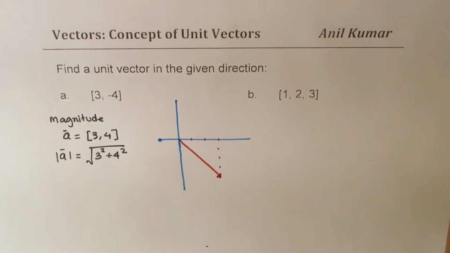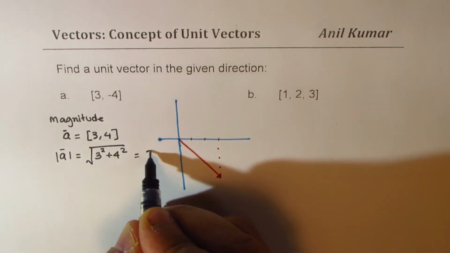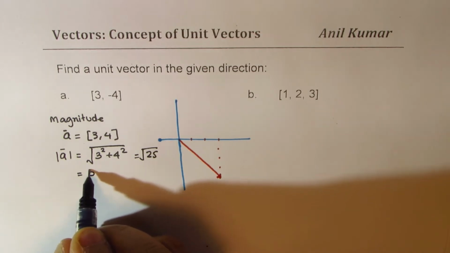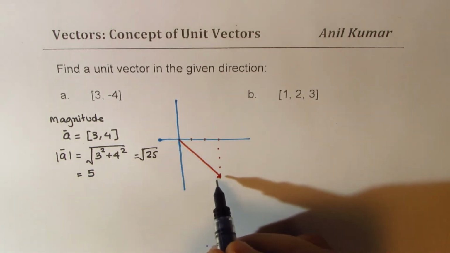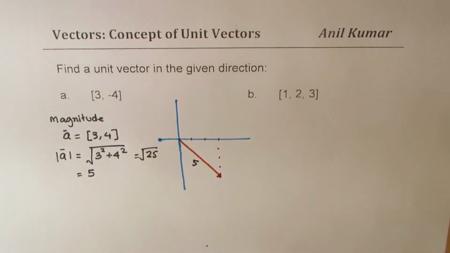So I've taken very easy numbers to work with. 3 squared plus 4 squared is 25, square root is 5. So this length, which gives you the length of A, is 5 units long.